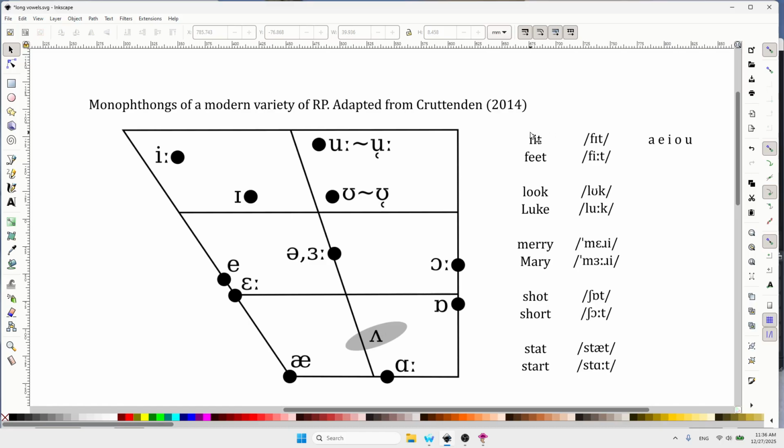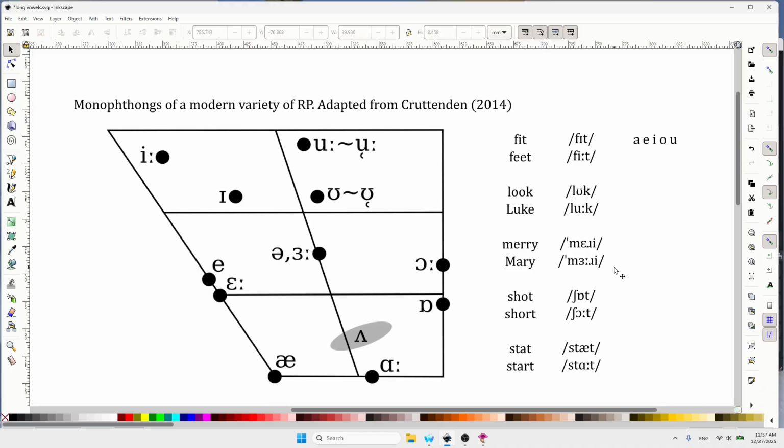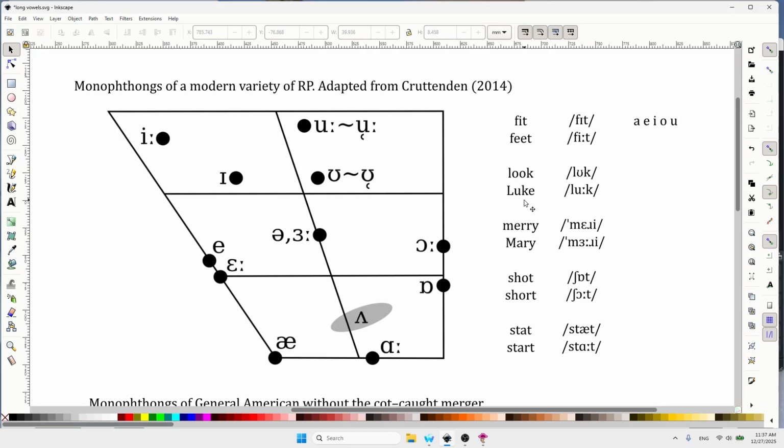So we have fit versus feet. We have look versus look. We have Mary versus Mary. Oh crap! I'm throwing the R because that's how it is in Gothic. Oh well. Mary is how they say Mary. I would pronounce both of these the same. I would just say Mary.